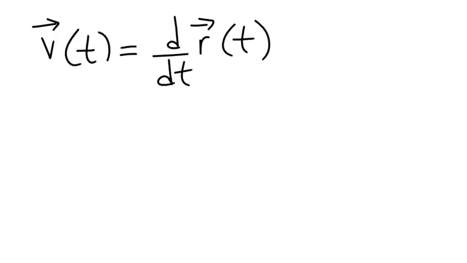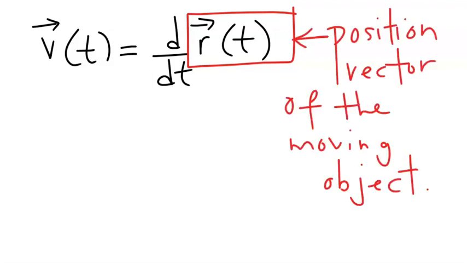Instantaneous velocity is given by the time derivative of the changing position vector. So this is the changing position vector. As the object moves, the position vector changes, so it's a function of time as well. So the rate of change of this position vector is the instantaneous velocity.